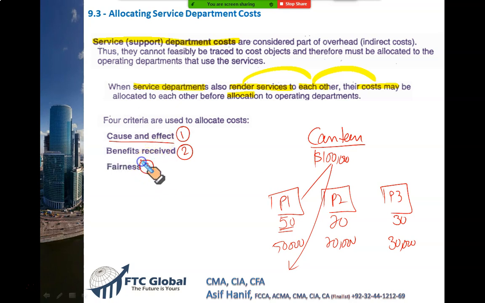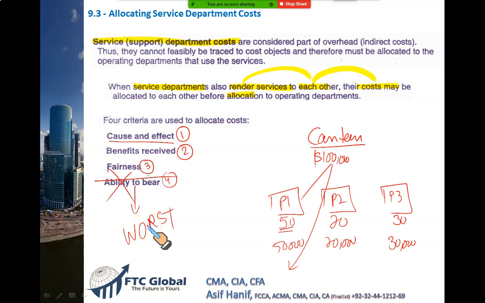Be fair. And when it is not possible to use a fair basis, then we may use ability to bear. This is the worst method. I don't like this method. This is a bad method.